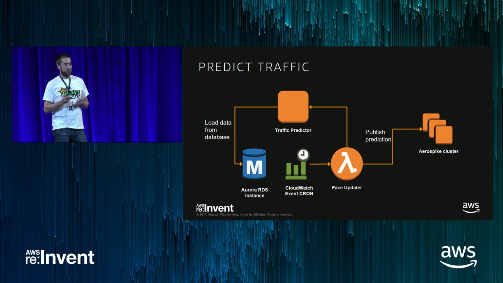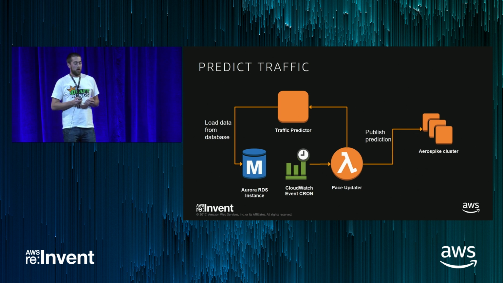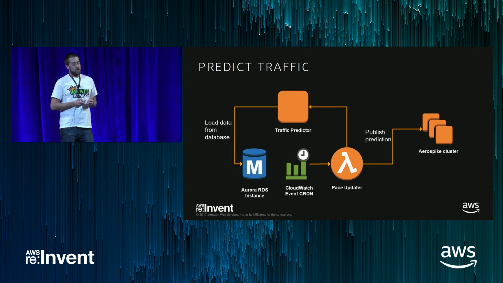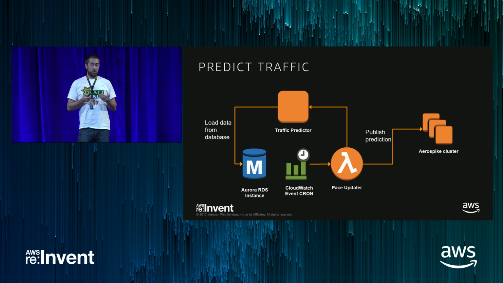So in step 1, predict traffic, we have a traffic predictor service that loads data from an Aurora RDS instance, and that traffic predictor will come up with the actual traffic predictions for our max HTTP request rates in different time frames.